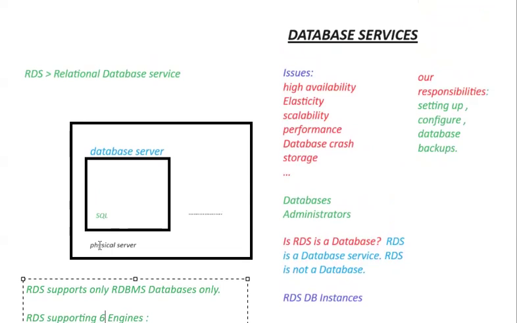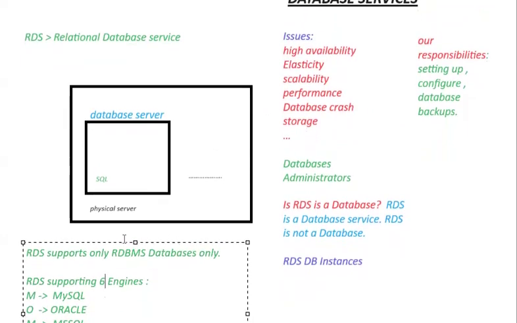So in this way, we can overcome the issues that we face while maintaining database servers on-premises. I hope you understood this video and have learned the database service used for RDBMS in AWS.